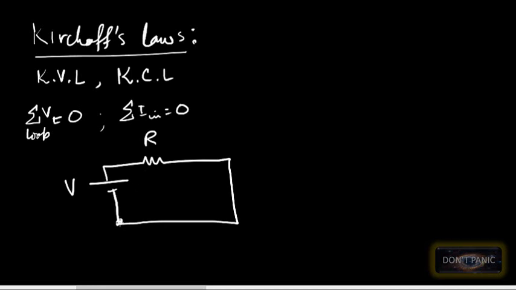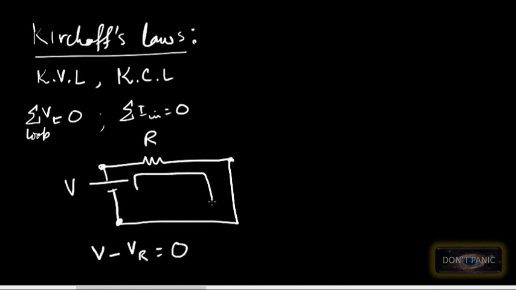For this case, you go from here to here, and you gain a voltage of V because your battery is providing some voltage. And then in going from this point across R, you lose voltage. And that's it, because this wire doesn't matter. So the sum of the voltages is going to end up being equal to 0.